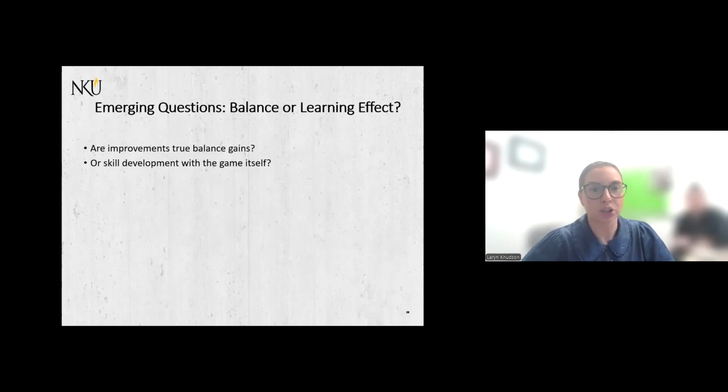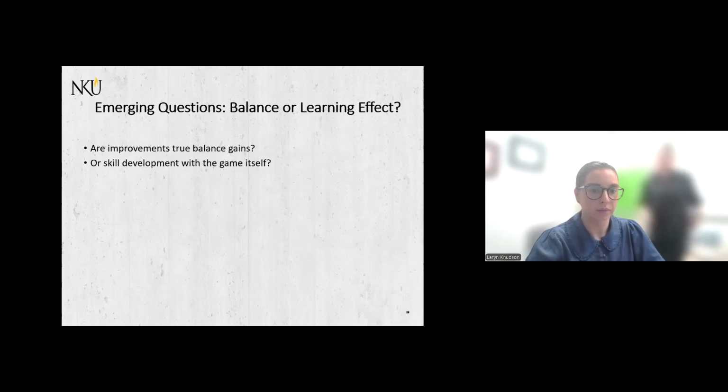We have all of these emerging questions, ultimately wondering if their balance is improving. Are they experiencing true balance gains, or are they developing skills with the game itself? There are a lot of factors and emerging questions that we have so far with our research. Next, I'm going to pass it along to Dr. Kaiser to expand upon that.